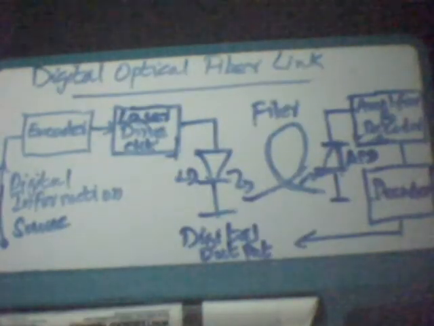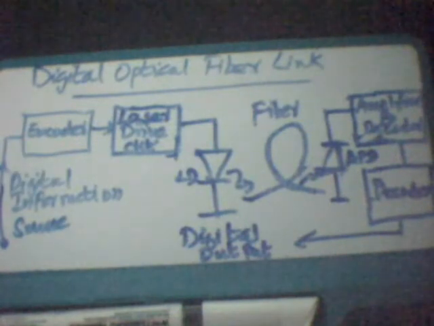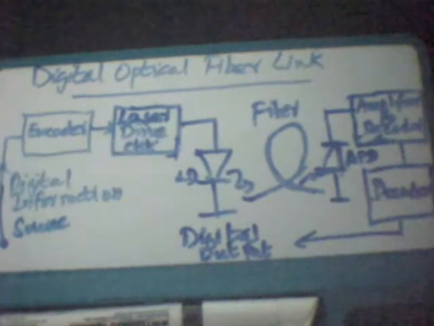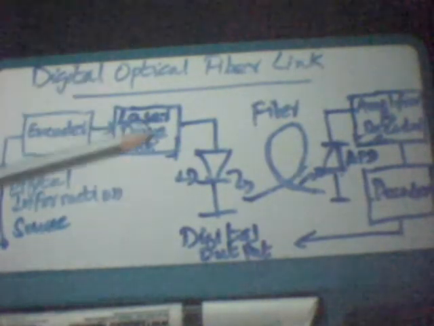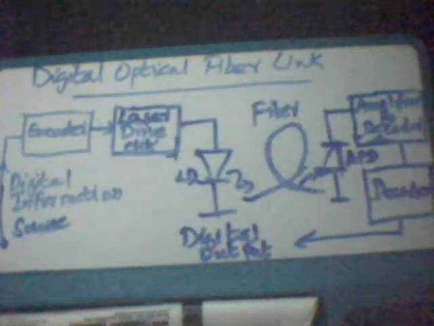We now have the block diagram of a digital optical fiber link. Initially the input signal from the information source is suitably encoded for optical transmission. The laser drive circuit directly modulates the intensity of the semiconductor laser with the encoded digital signal. Hence, a digital optical signal is launched into the optical fiber cable.